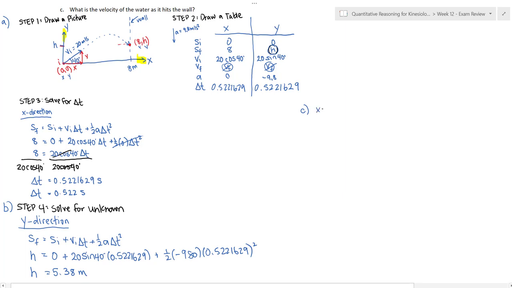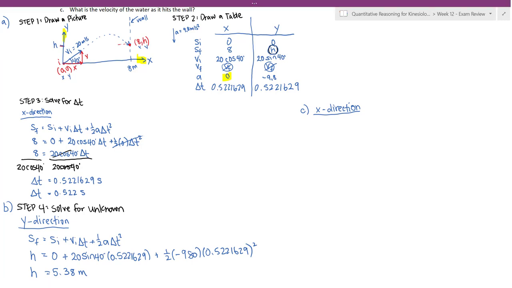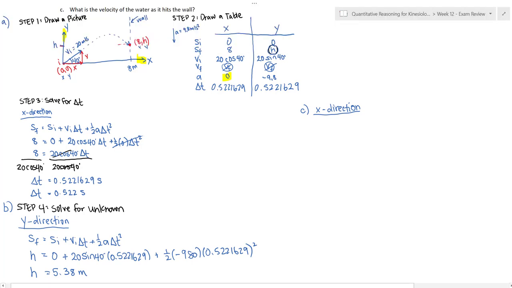So in the x direction, we notice that the acceleration is 0. If the acceleration is 0, then that means the velocity doesn't change. So that means the final velocity is the same as the initial velocity. So the final velocity is equal to the initial velocity, which was 20 cos 40 degrees.